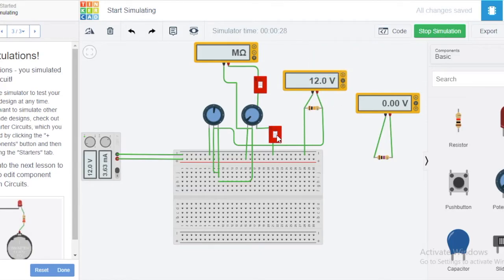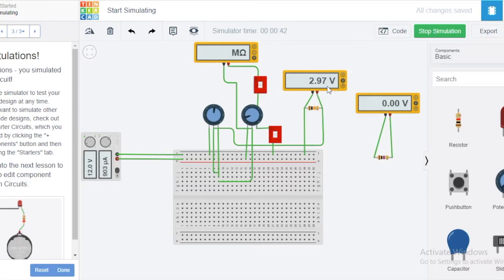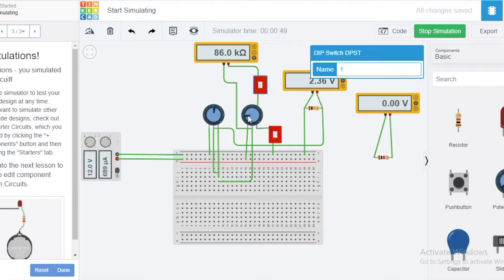For the next resistance value of the potentiometer, which is 90 kilo ohm, we can get the voltage 2.97, and we repeat for the next values 80, 70, 40, and until 10 kilo ohm. This is for meter A.